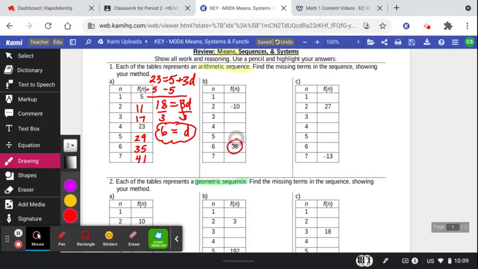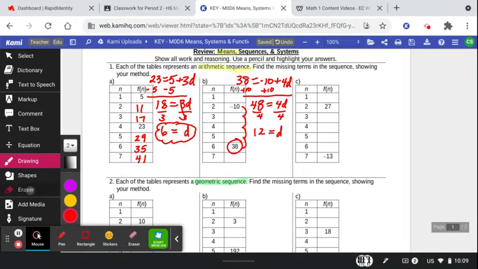So we're going to end up at 38. We know to get that 38, we're starting at this negative 10, and we're adding something repeatedly, 1, 2, 3, 4 times. There's 4 jumps this time. So here I go, solving this equation, plus 10 to both sides. That's going to leave me 48. And then we divide.